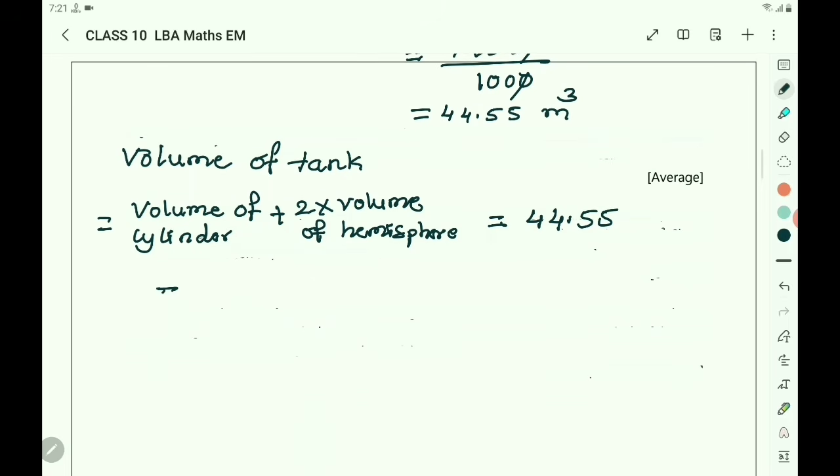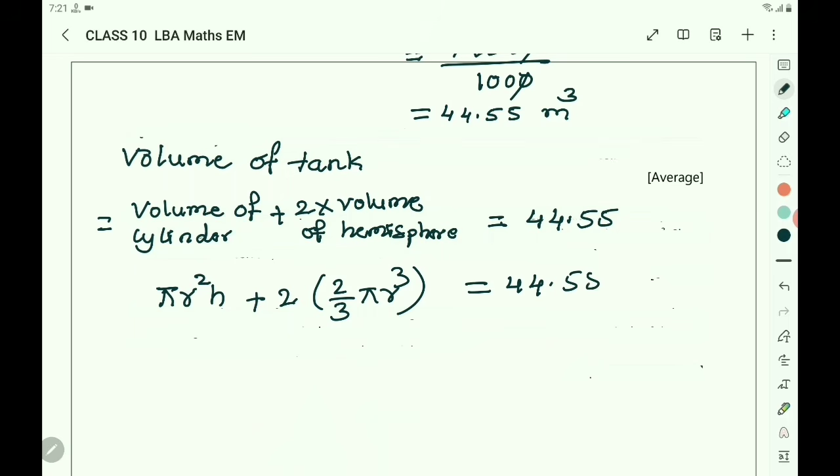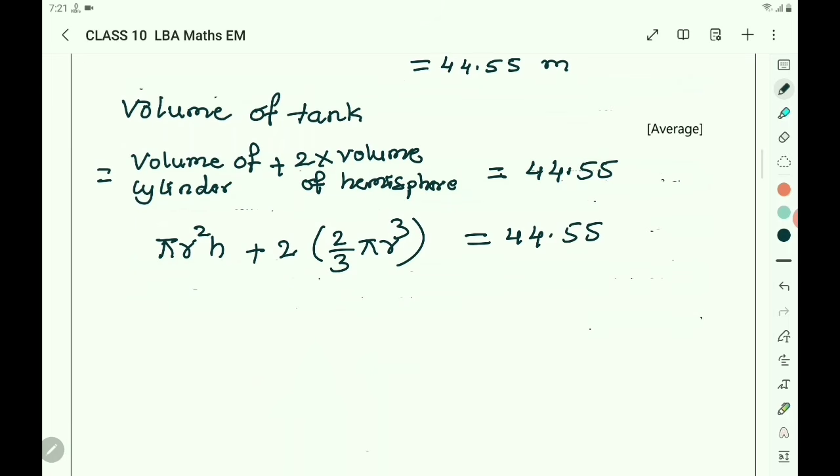Volume of the cylinder is pi r square h plus 2 into volume of hemisphere is 2 into 2 by 3 pi r cube, is equals to how much? 44.55. Then here pi is there, you can remove pi as a common, and r square is there, r cube is there, you can remove r square.